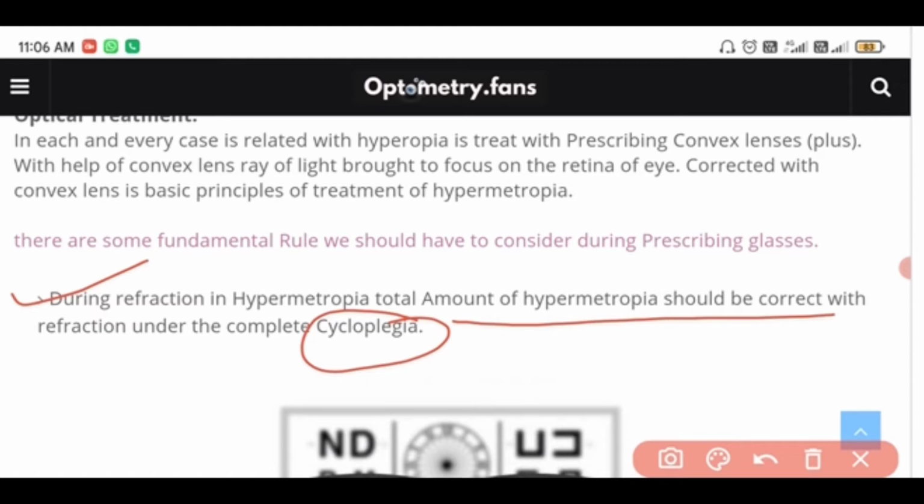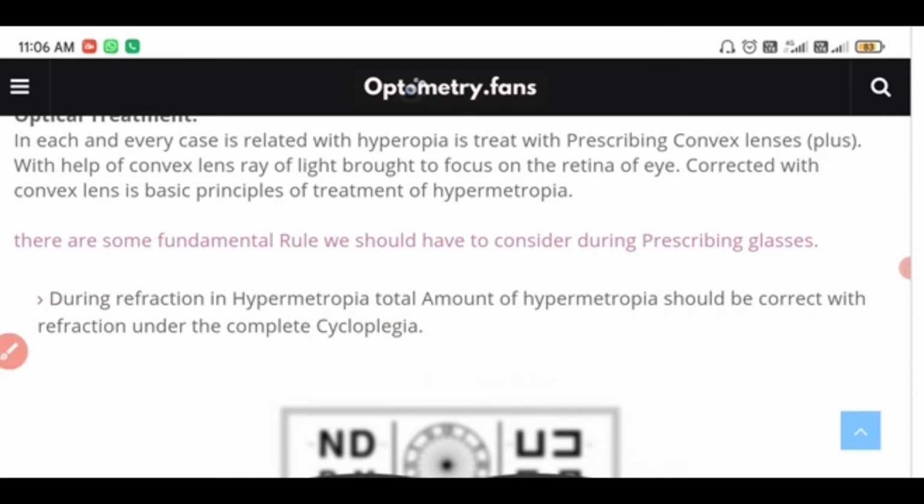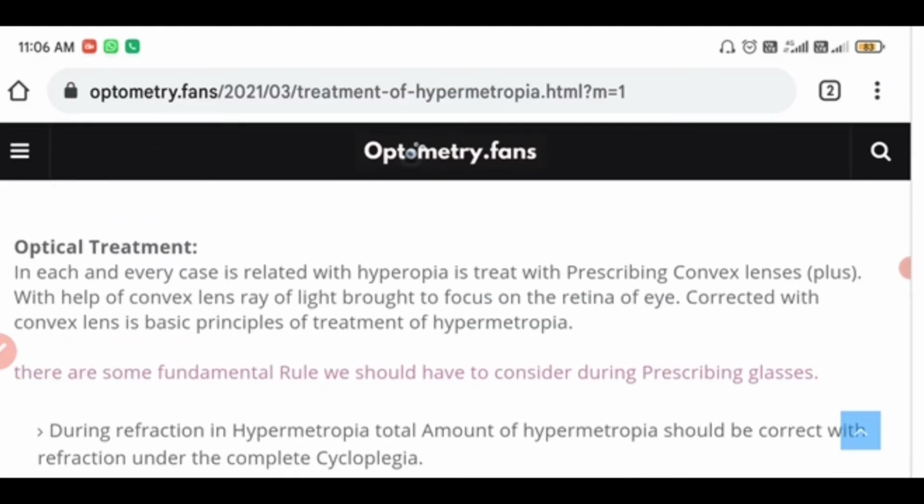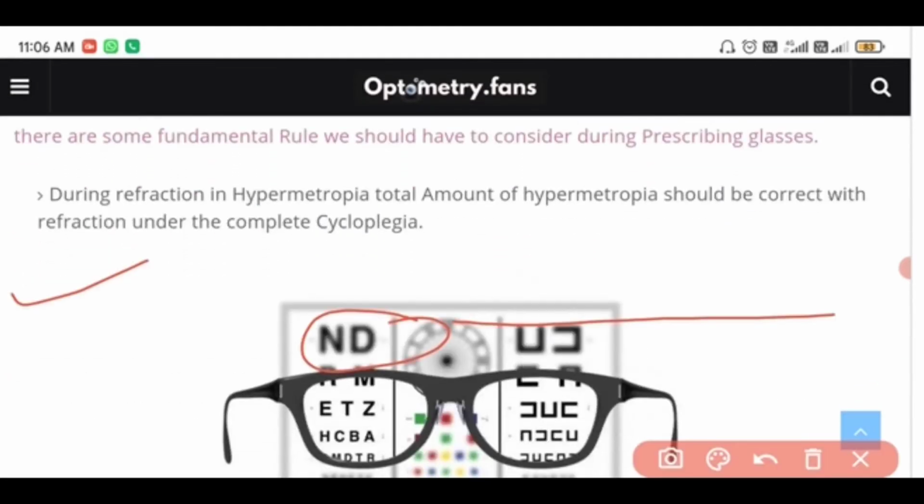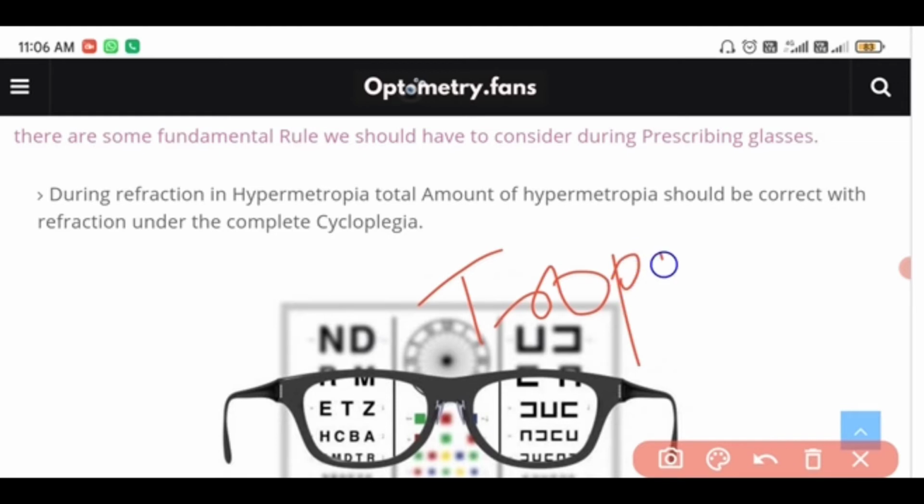A commonly used cycloplegic drug is tropicamide. Which drug? Tropicamide.